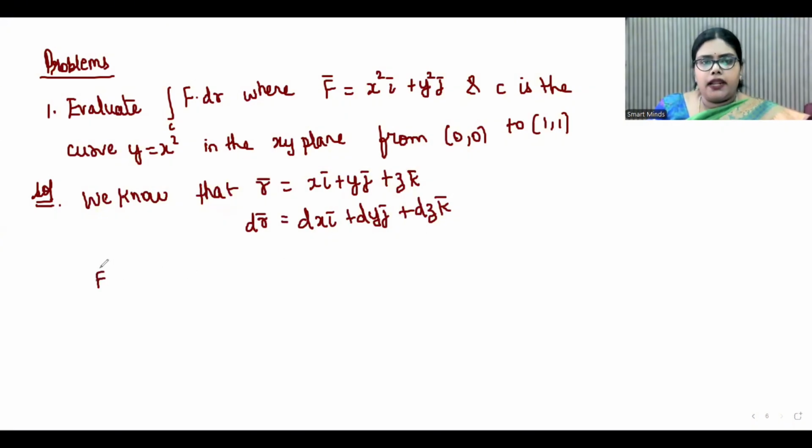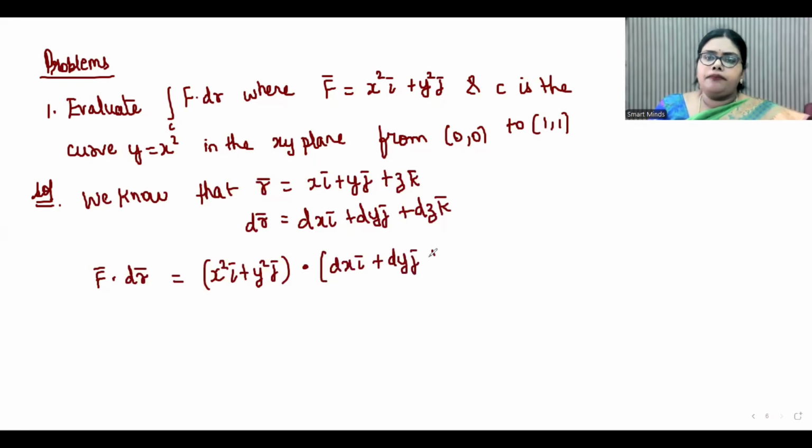Now let us find f bar dot dr bar. What is f bar? From the question you see what is f bar? X square i bar plus y square j bar. Dot this dr bar we will copy now. Dxi bar plus dyj bar plus dzk bar.